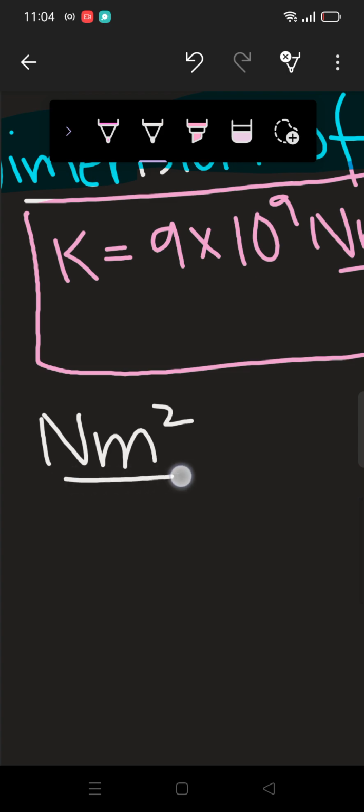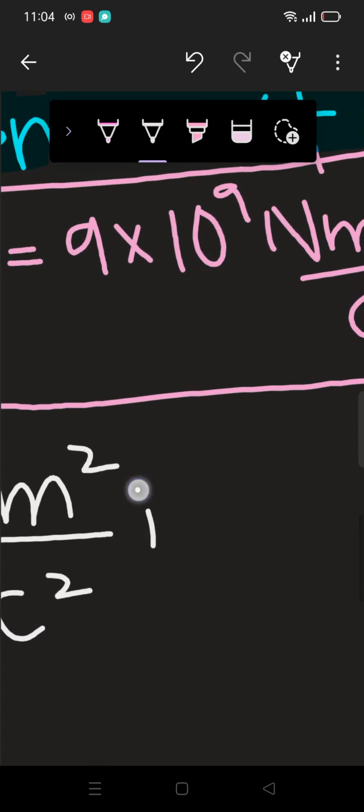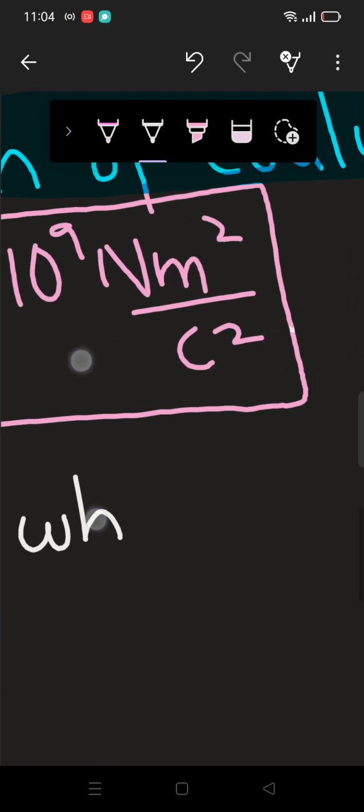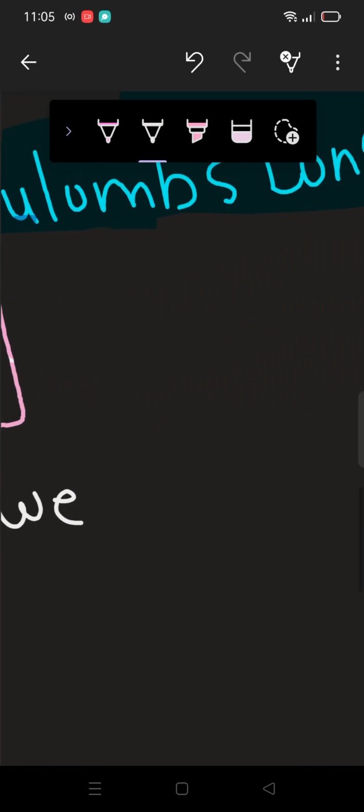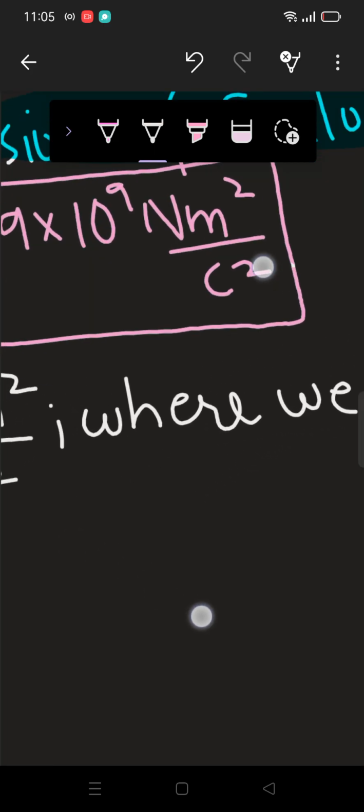Okay, so now as you can see, we take out the dimension with the help of the units. And we know that the Coulomb constant unit is Newton meter square per Coulomb square, right? Where we know that Newton is equal to what?